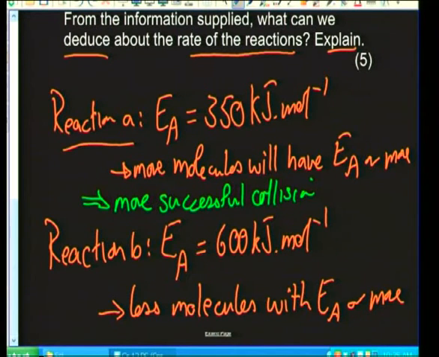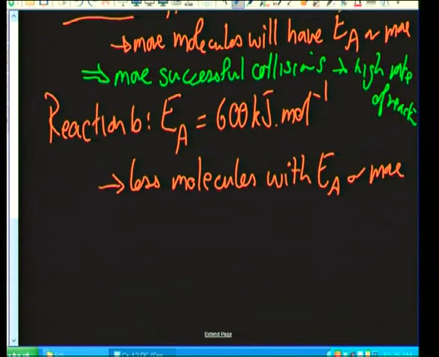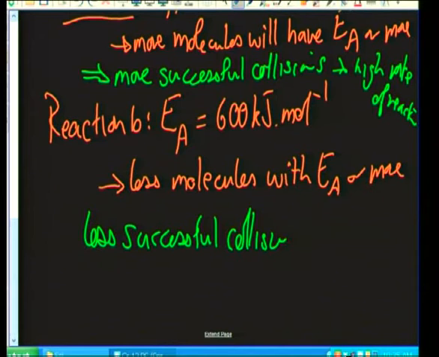And if we get more successful collisions, then that means a higher rate of reaction. Compared to here, where you're going to get fewer successful collisions, and that means you're going to have a lower rate of reaction.